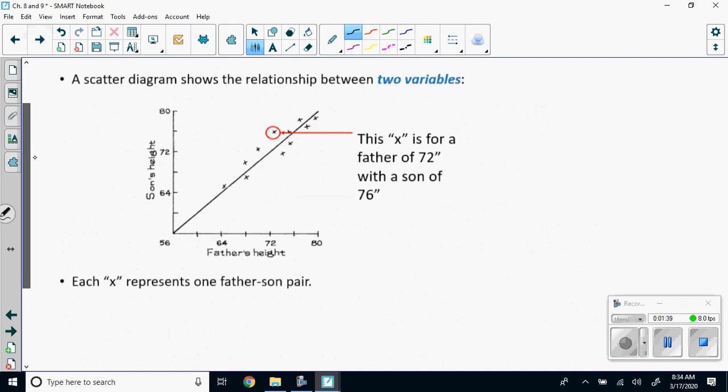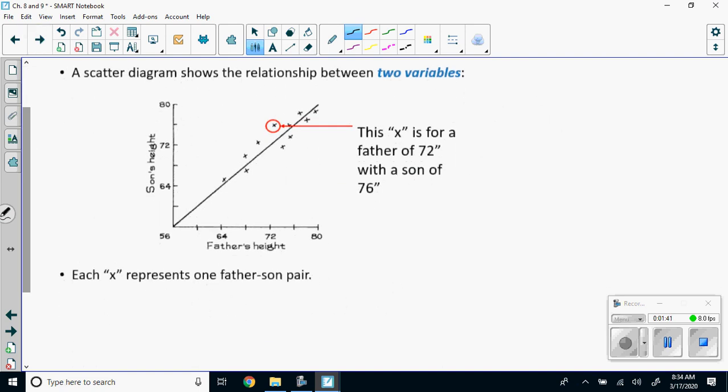So with correlation, we need to look a lot at scatter plots or scatter diagrams. They're called both. A scatter diagram shows the relationship between two variables. For example, this X right here shows one specific father-son pair.